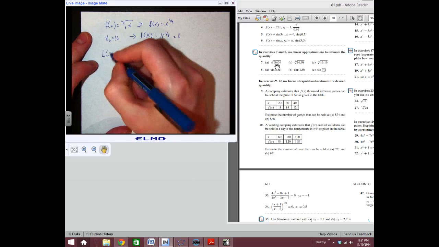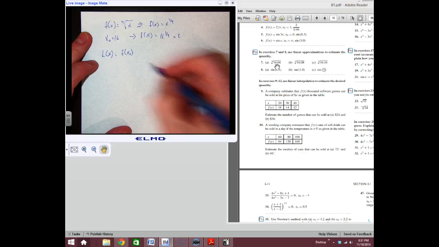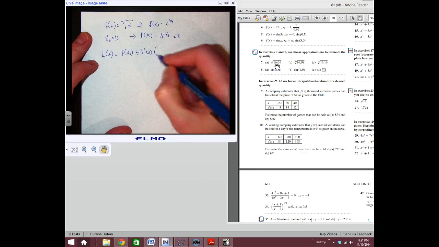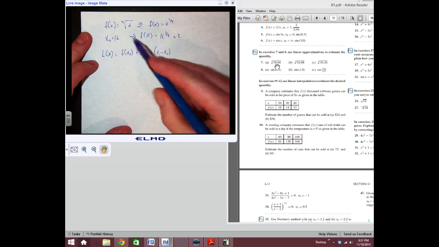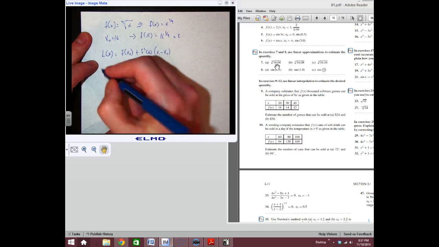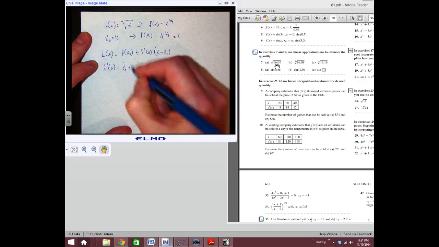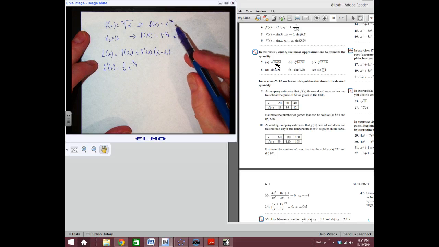So now that I've gotten my initial value set up, what I need to do is find my L of x. I've got f of x naught already. I need f prime of x naught, which means I need the derivative of f of x. It's an easy enough derivative to find, just a simple power rule. So 1/4 x to the negative 3/4, because I'm going to subtract 1 from the 1/4.